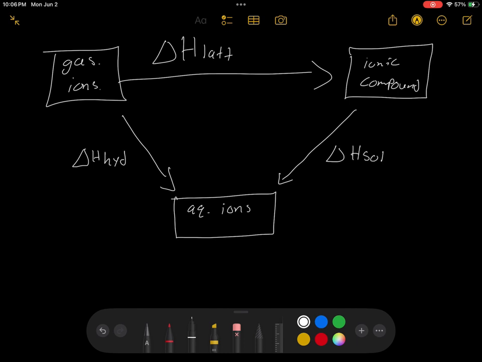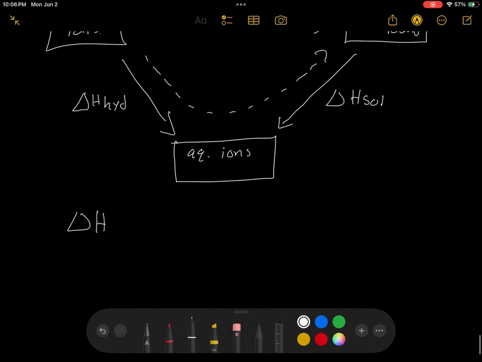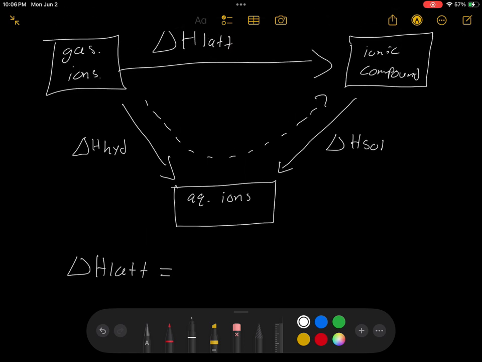So from this, we can draw indirect routes. Delta H lat is equal to the indirect route, which is in flow with hydration, so that stays positive. Plus, we're going against solution, so that turns negative.